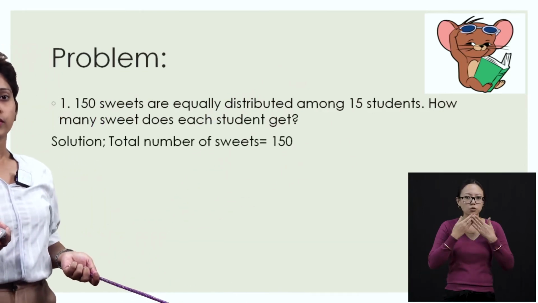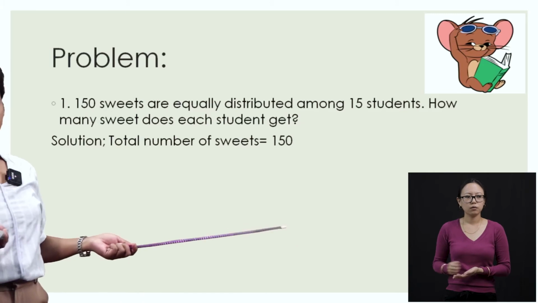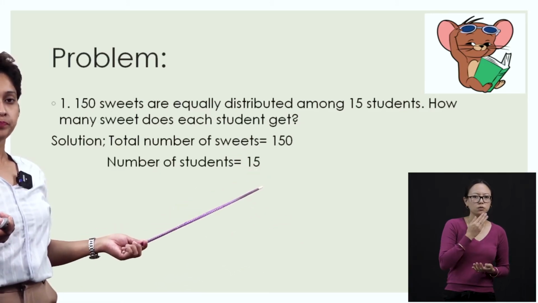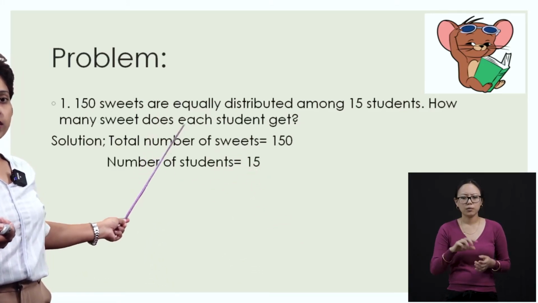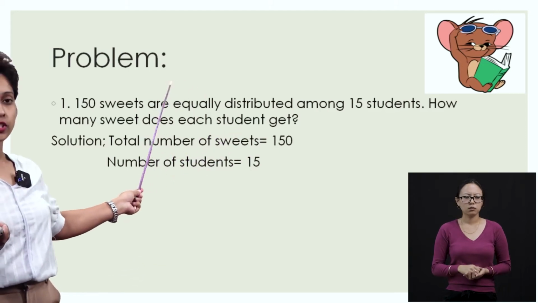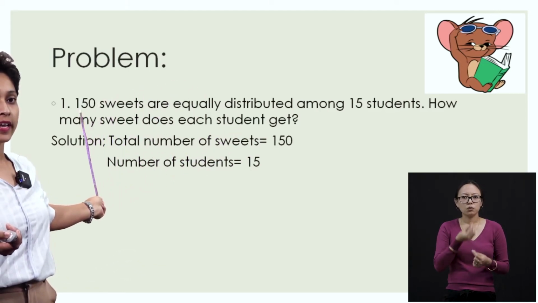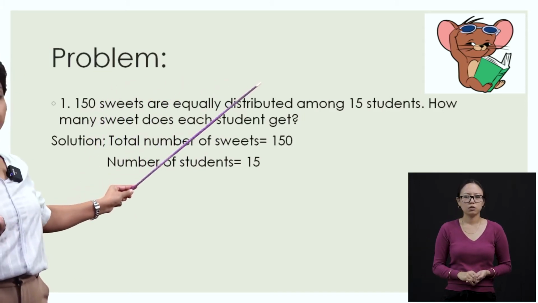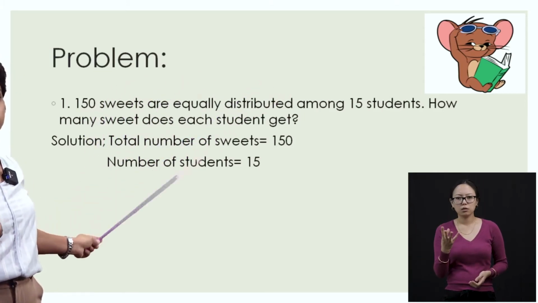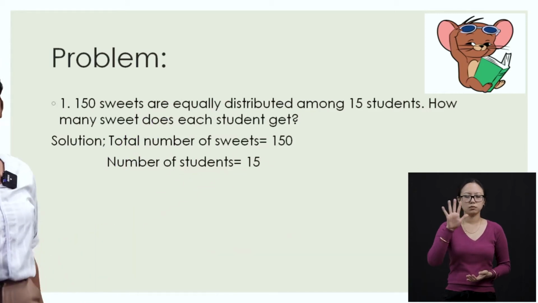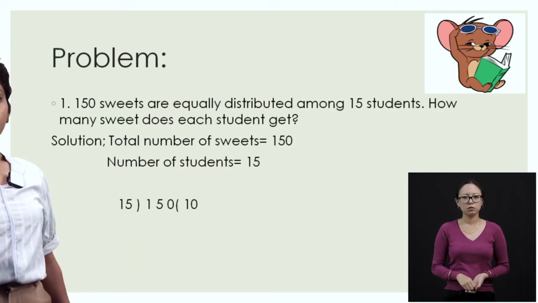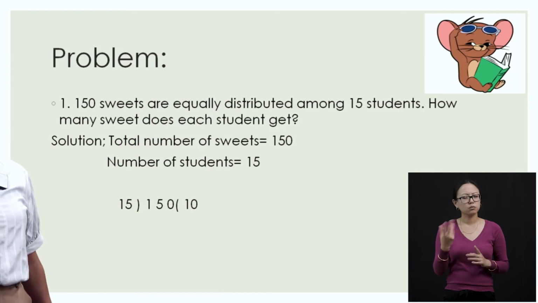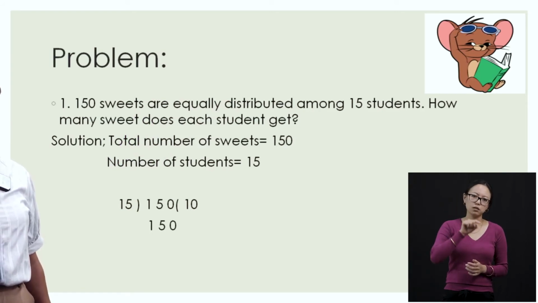So for this, what do we need to do? We need to write down the total number of sweets. How many total sweets are there? 150, right? Then the number of students you have to distribute among is 15. After that, when you divide them, you will get the answer.